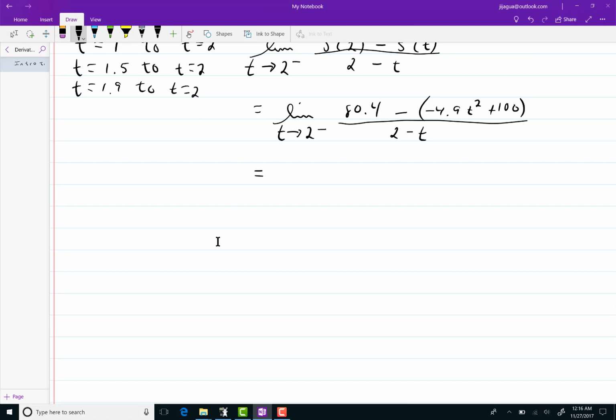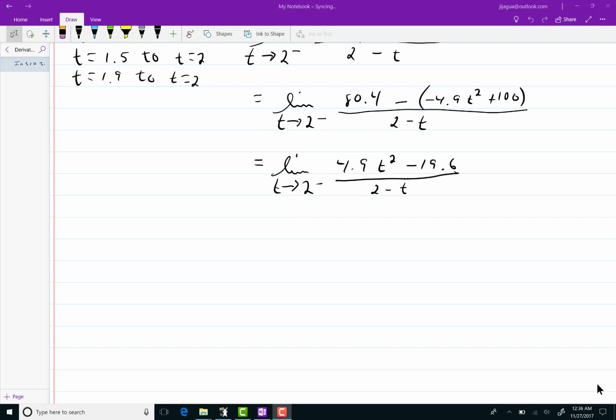This equals the limit as t goes to 2 from the left. 4.9 t squared, those negatives cancel, minus 19.6 over 2 minus t.